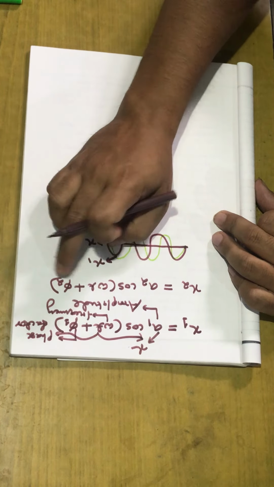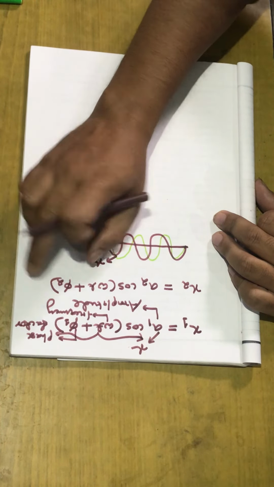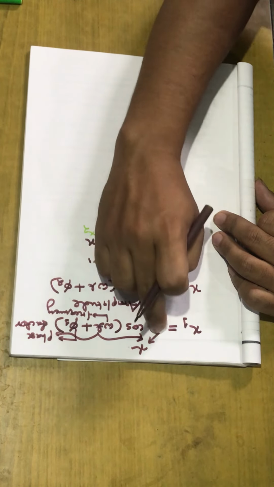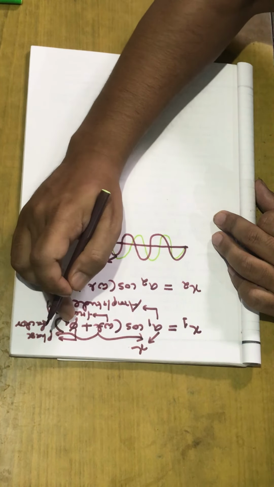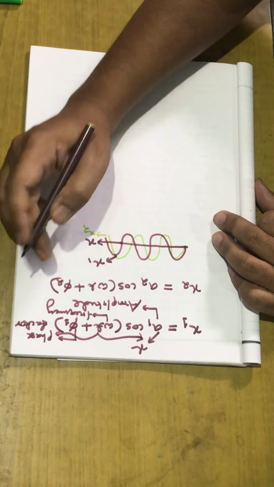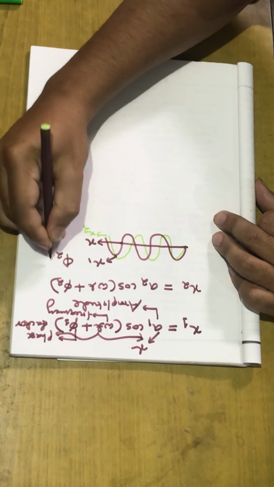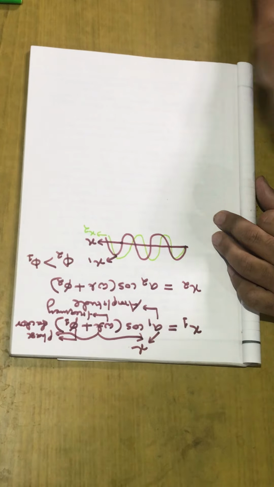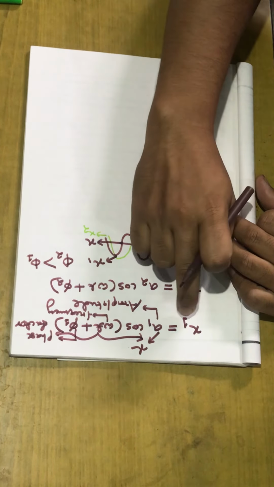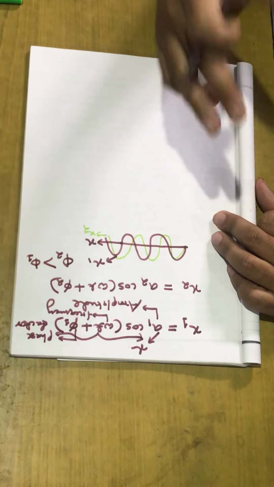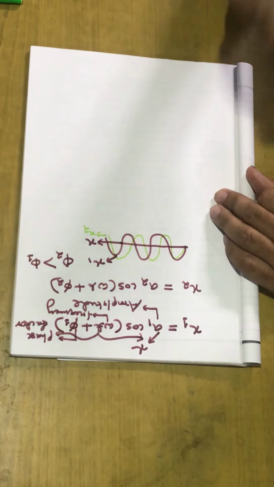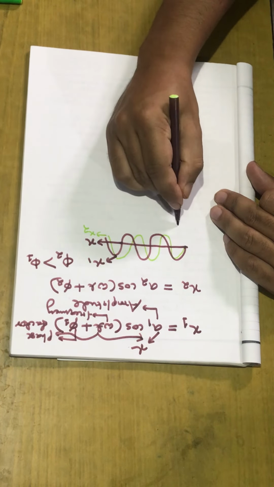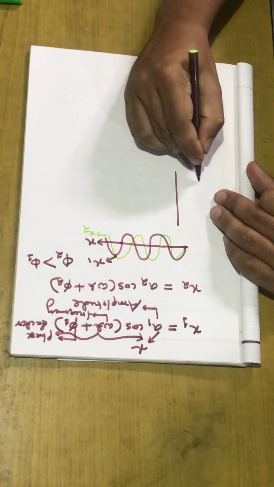Similarly, a2 has a direction in the x direction. And we identify a1 and a2 through the phase angles phi 1 and phi 2. Here we have assumed that phi 2 is greater than phi 1. Let's make this assumption. Now I am going to express x1 and x2 in vector notation, and let's see how it turns out.